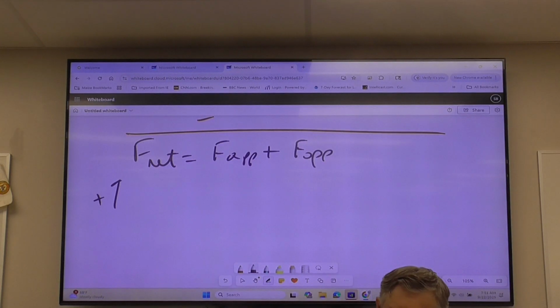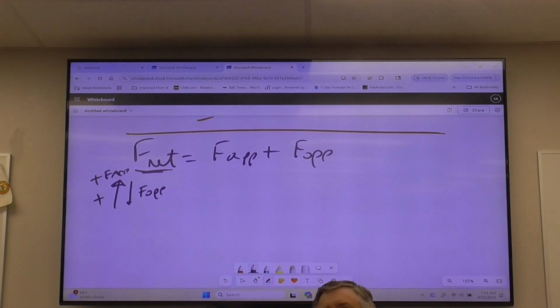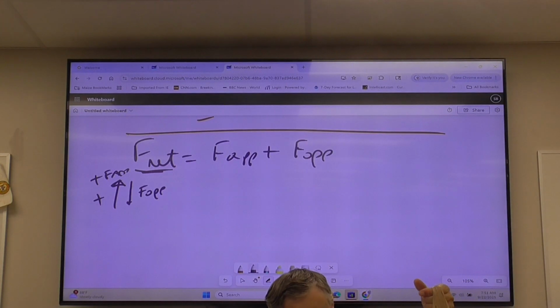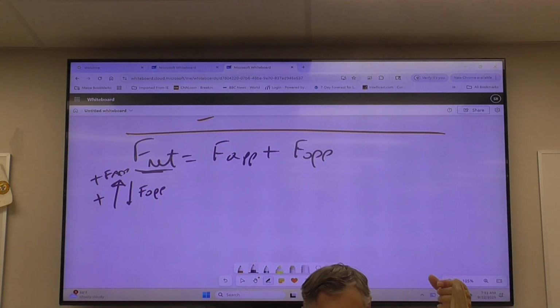Cool. So if you look at this in terms of forces, when it began to accelerate, I had a positive net force. The only way that happens is if that applied force going up is a little bit bigger than the opposing force going down. So if I lift this up slowly, notice that the bag stays intact.